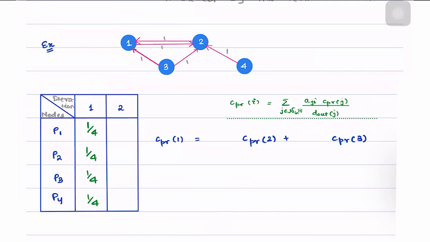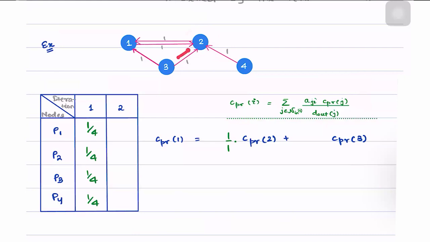There's yet another weighting factor, which is given by this. Now, node number 2, as we can see here, just has one out-neighbor. Hence, in the computation of the PageRank, we divide this by 1. Let's look at node number 3.